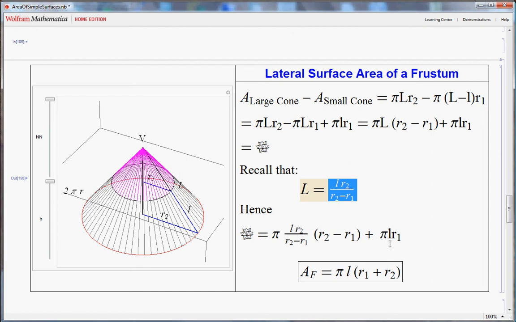In this last expression, we see that the term r sub 2 minus r sub 1 cancels very nicely with this r sub 2 minus r sub 1, and we receive the formula for the surface area of the frustum, pi little l times r sub 2 plus pi little l times r sub 1. So the final formula is therefore that the area of a frustum is equal to pi times its slant height times the sum of its radii.